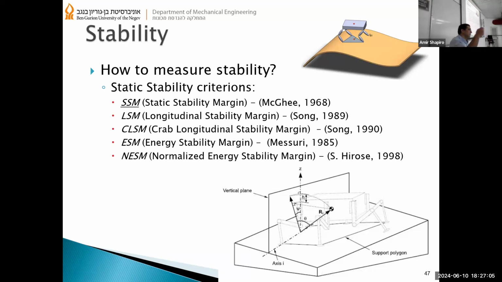So I need to raise the center of mass, and this requires energy, and this measures how much energy I need in order to cause it to tip over. And there is another measure, the normalized energy stability margin. It's another version of the energy stability margin.